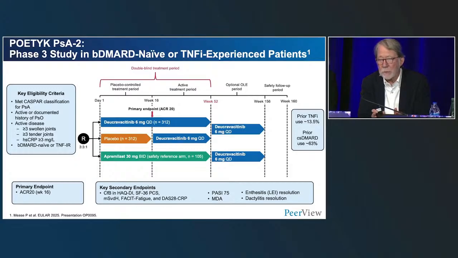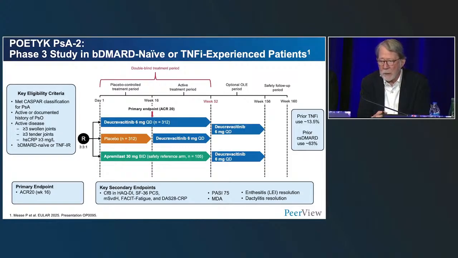A typical phase 3 PsA study in terms of entry requirements, patients had to have active articular disease, and they also had to have elevated hs-CRP. The primary endpoint of the study was an ACR20 at week 16, and there were a number of key secondary endpoints that are noted there.